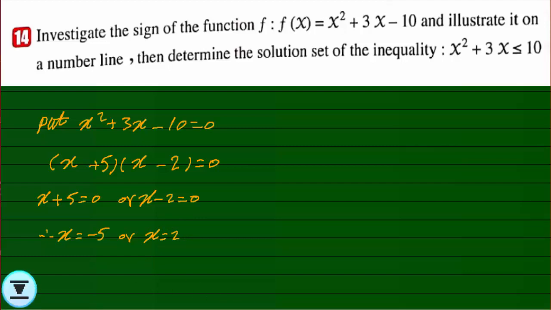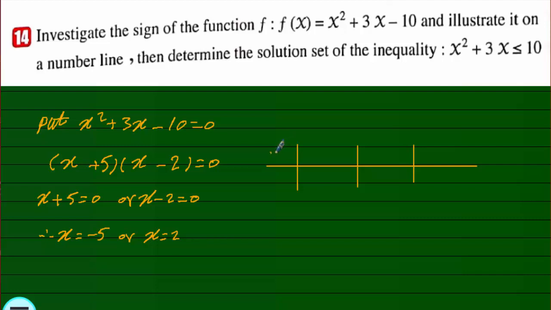We draw the number line here, and we write x, f of x, and the zeros of the function. We have the two zeros, the two roots, negative 5 and 2. So when x equals negative 5, then f of x equals 0.